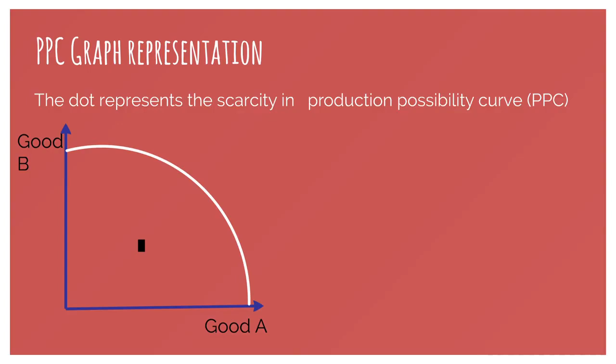A production possibility curve is a curve that shows the maximum output of two types of products and the combination of those products that can be produced with existing resources and technology. But over here we are not using our resources fully. This curve shows that we are using our resources fully, but this point shows that we are not using it fully, which means there is a scarcity in the market.